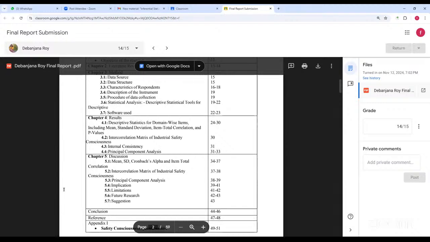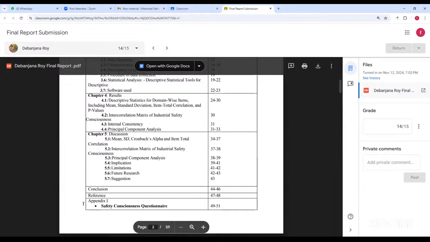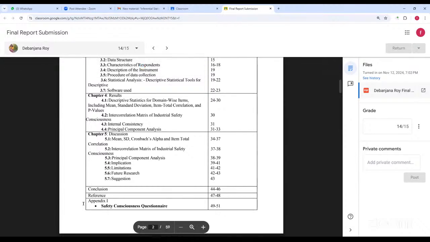Again, in this correspondence map, you will be able to show how the rating categories are associated with different safety consciousness variables.